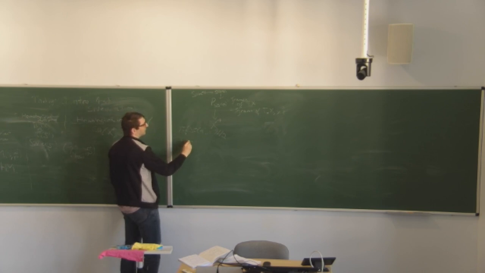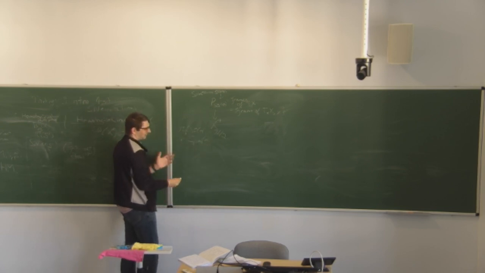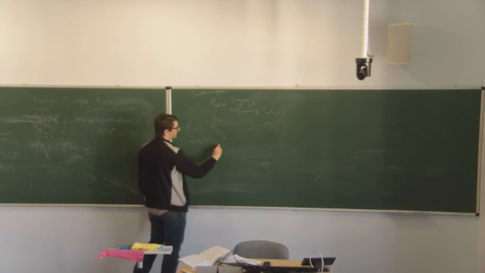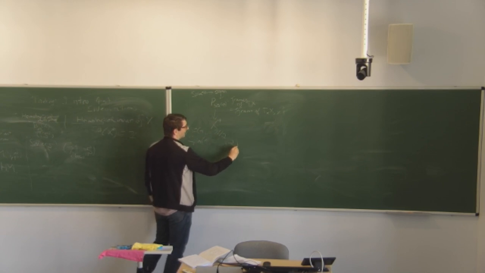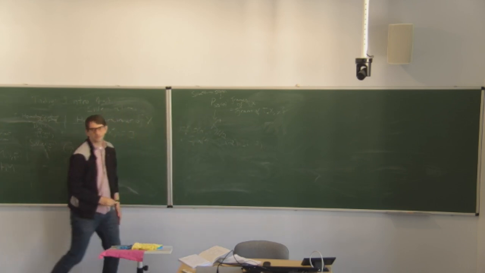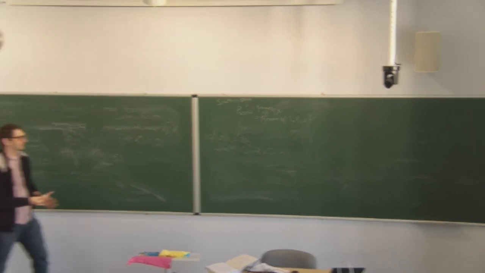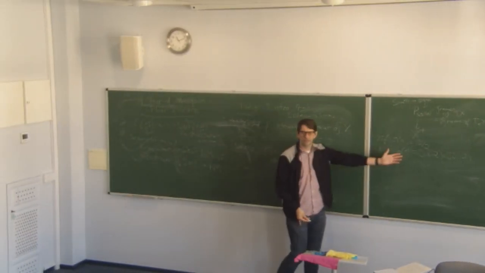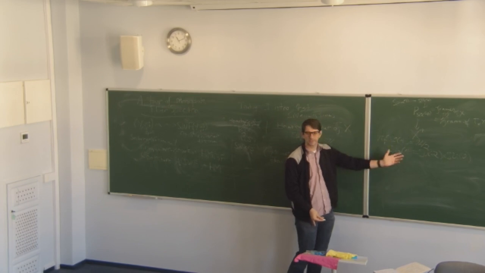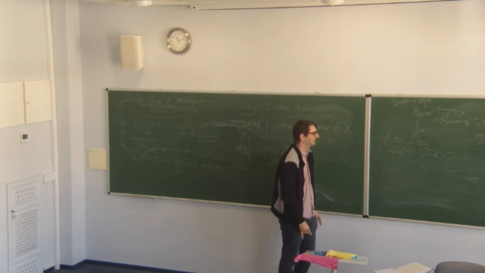But Spin 4 is special among all the spin groups in that it actually decomposes as a product. So Spin 4 is SU2 times SU2, which is one of the famous exceptional isomorphisms for Lie groups. This isn't an obvious claim at all, but you can prove it using quaternions, which we'll do in a second, actually.